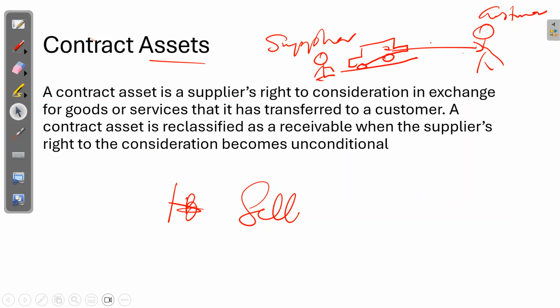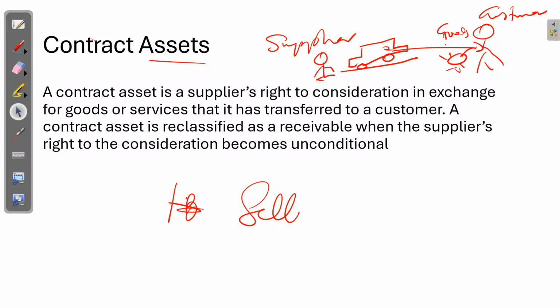Even though the customer has not paid, the agreement has also not been finalized. Maybe the agreement is ongoing, but we have not finalized it. But the supplier has already supplied some of the products to the customer, and the customer has received the goods.